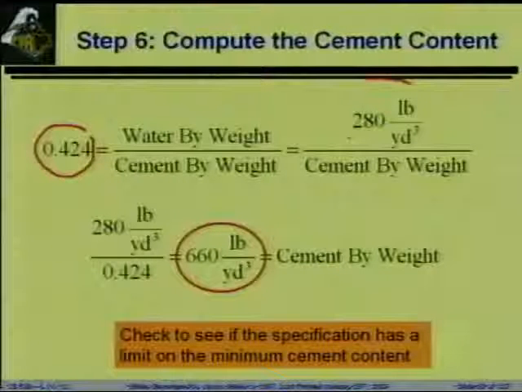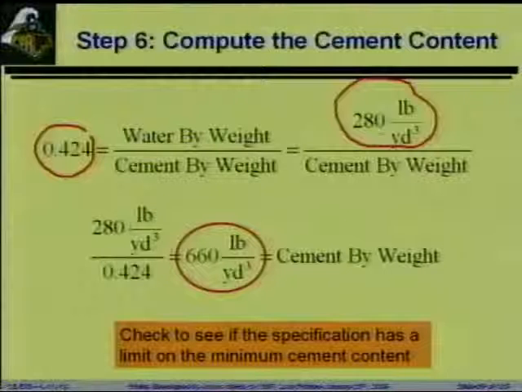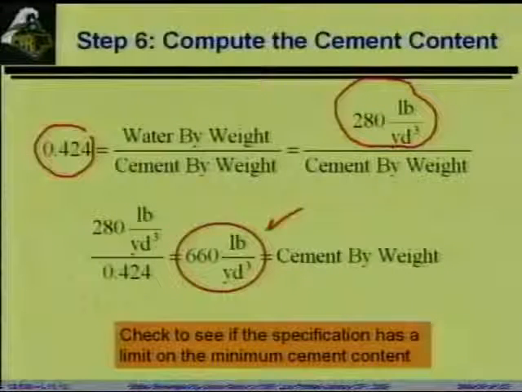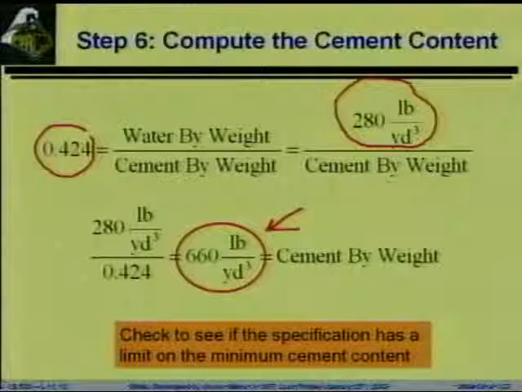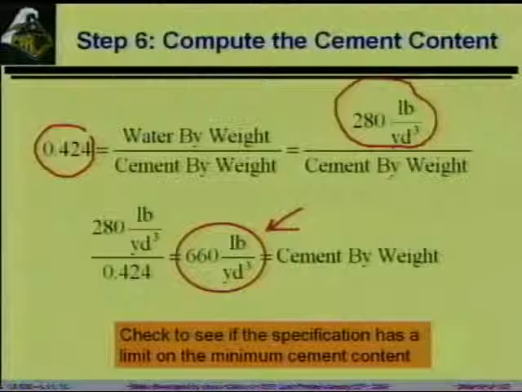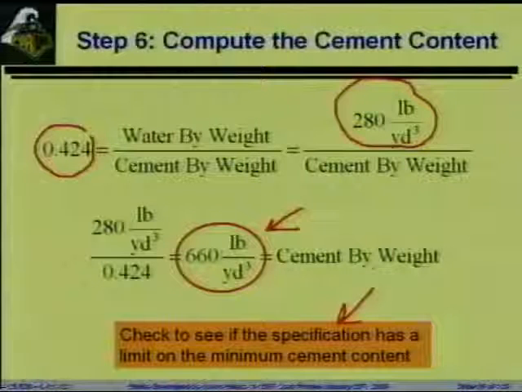We were going to use something like 275, 280 pounds per cubic yard of water. We could go through the calculation and find out that we would have 660 pounds per cubic yard of cement. The only thing that we really need to think about at this point is to double check that we've met whatever minimum specification there is on the amount of cement inside the system.